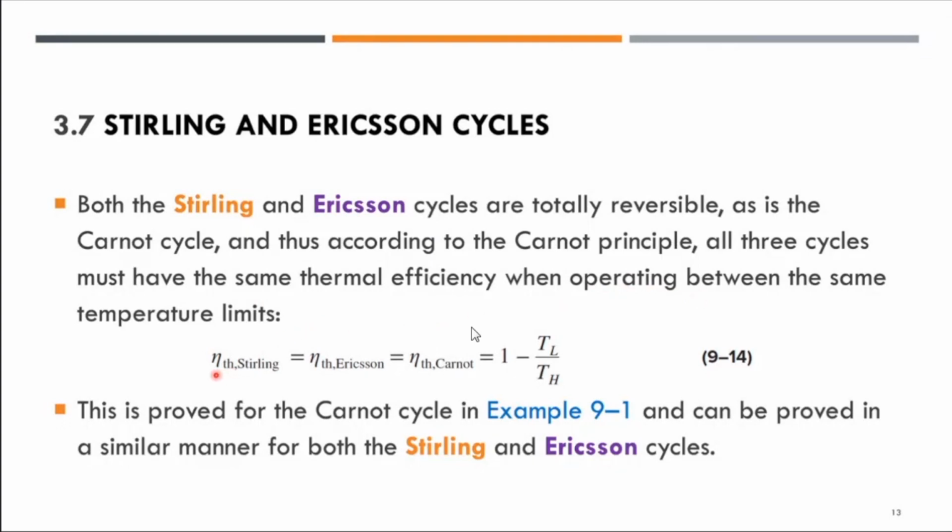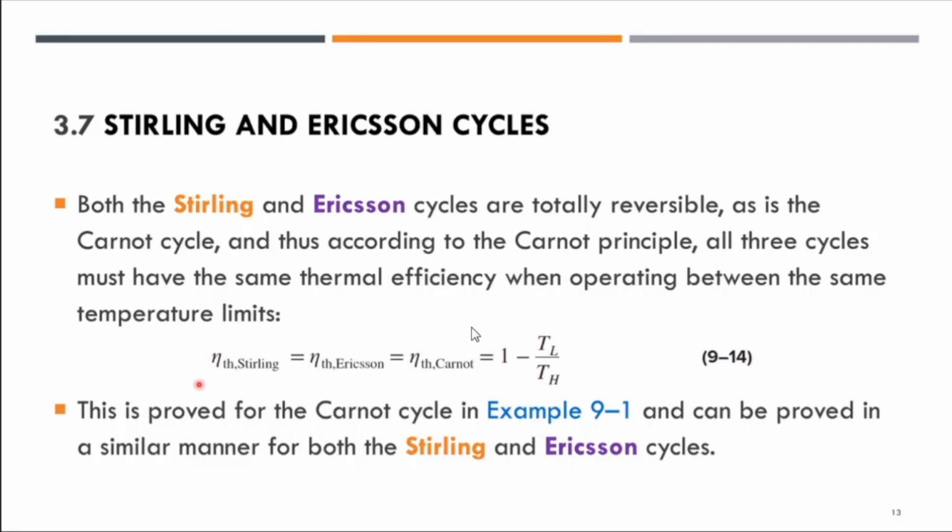So what we can say here is, the thermal efficiency of the Stirling cycle is equal to the thermal efficiency of the Ericsson cycle, as well as equal to the thermal efficiency of the Carnot cycle, which is equal to 1 minus TL over TH, where TL is the temperature at the heat sink and TH is the temperature at which heat is added into the system.